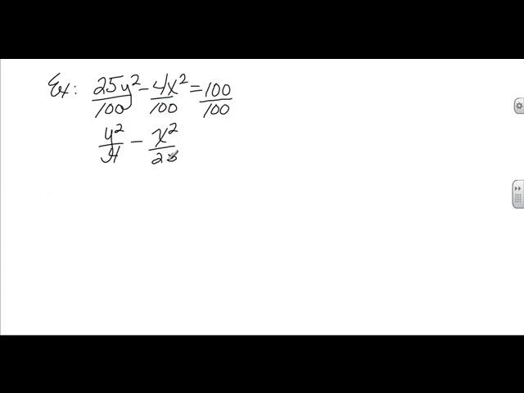Okay, I know that we're going to have a vertical major axis. And I know that from the center point, I would count up 2 units and down 2 units, right 5 units, and left 5 units.